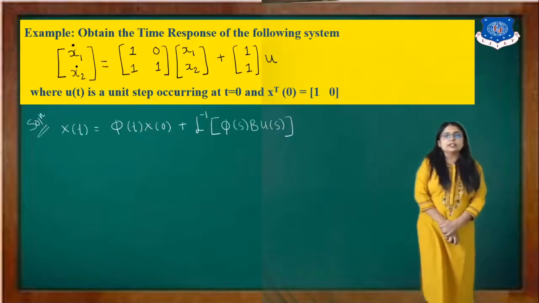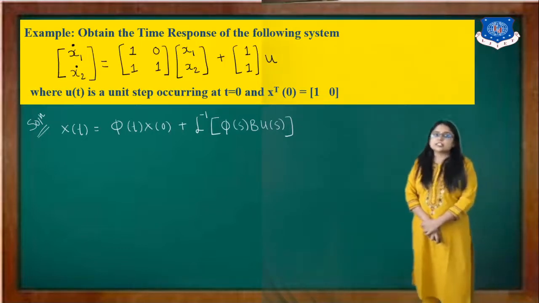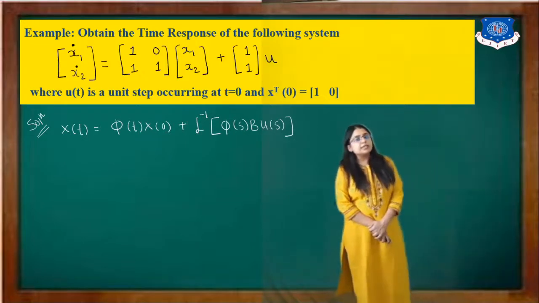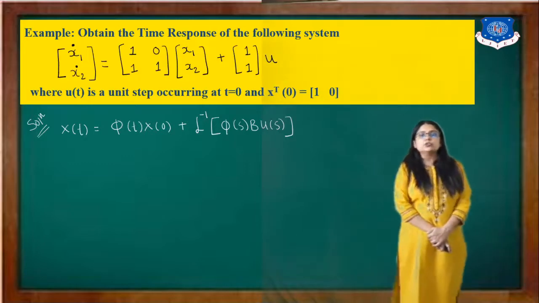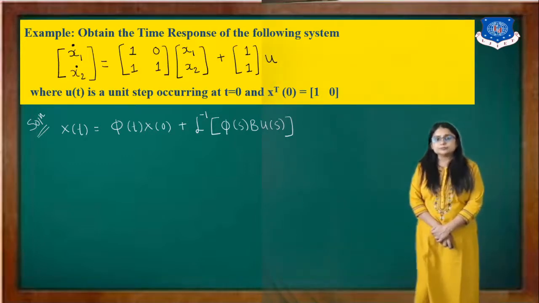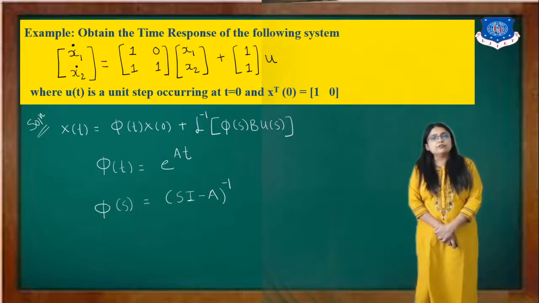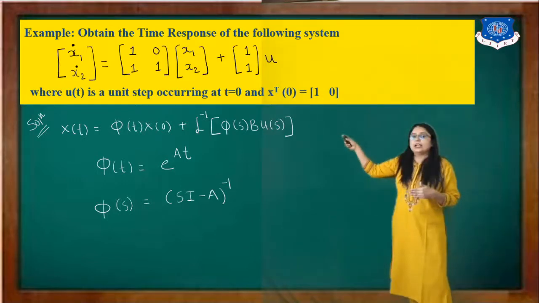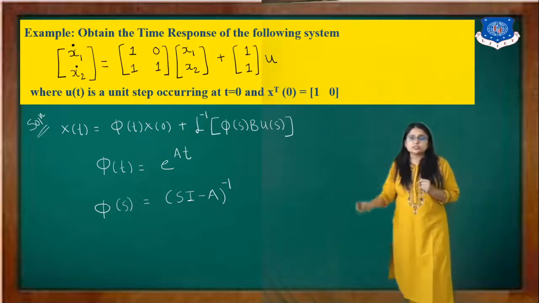To find x(t), first write down the equation x(t) equals phi(t) into x(0) plus Laplace inverse of phi(s) B U(s). We know that phi(t) is e raised to At, and phi(s) is 1 upon sI minus A, which is nothing but (sI minus A) inverse.